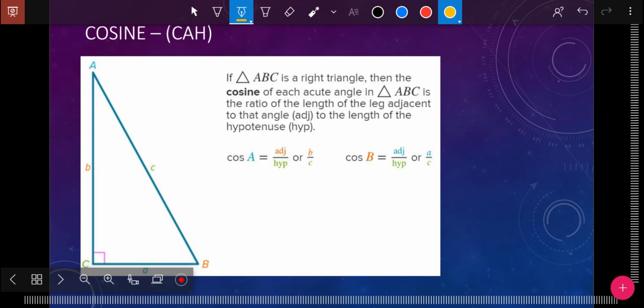We also still have cosine, CAH. Again, it matters what angle you're talking about. If you're talking about angle A, the adjacent is B because the opposite is down here. So that's the adjacent over the hypotenuse. If I'm talking about angle B, the adjacent is here because that's the opposite, and that's still the hypotenuse.